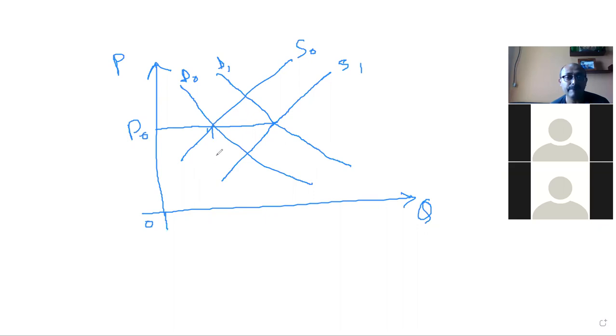Otherwise, quantity will go up for sure, as I told you, because both are increasing. Now proportionate increase in demand and proportionate increase in supply are the same, so price remains constant. There is no change in price. Upward pressure is balancing the downward pressure.